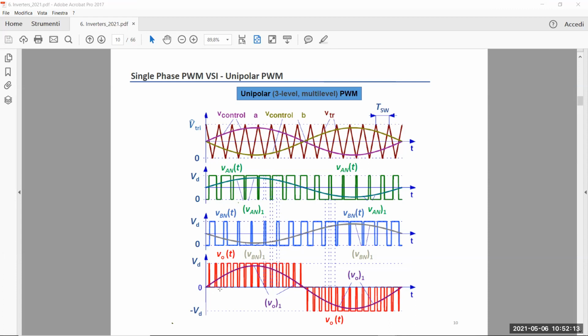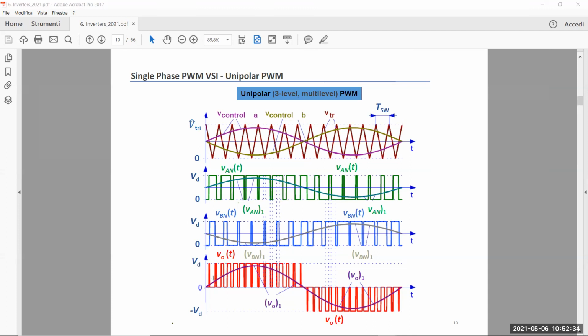That means that in terms of harmonic components, we have harmonics at 2 Fs and not at 1 Fs. The red waveform is the waveform that we have to filter out in order to derive the fundamental component.